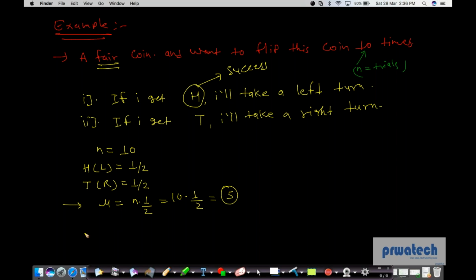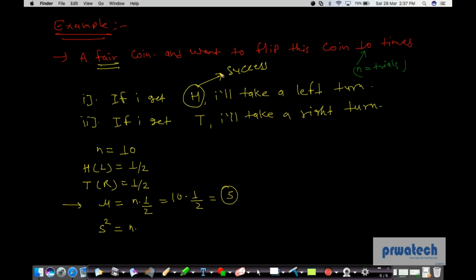Mean is 5. Now what is the value for sample variance? Sample variance is n into p into q. S square is equal to n, total trials, p.